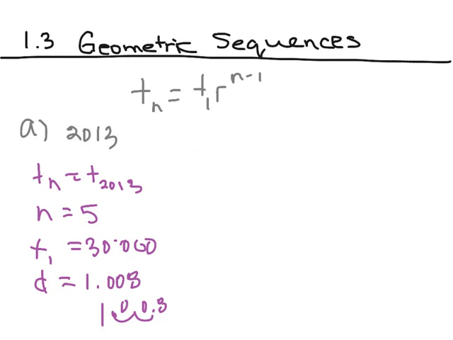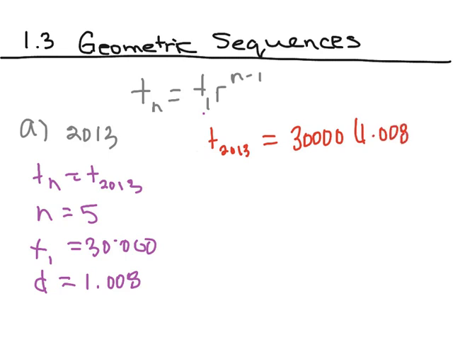So that's our ratio. So now we're going to plug it into our equation. T of 2013 is equal to 30,000 times 1.008 to the power of 5 minus 1.